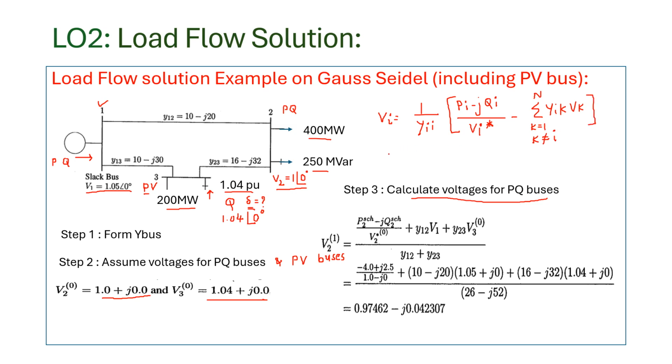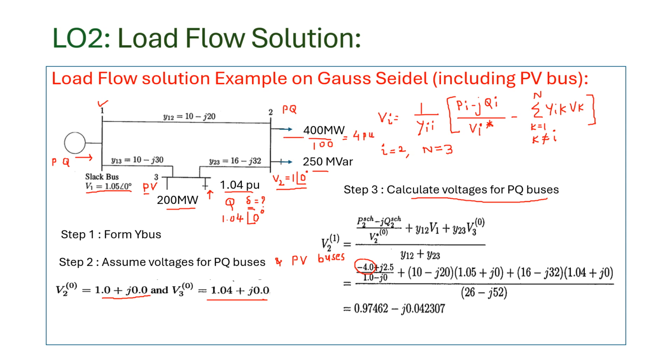To get the voltage at the second bus, we have to substitute i equal to 2, and since our system is a 3 bus system, we select N as 3. After substituting all the values, the P2 value is written here as minus 4. As already told, we have to convert it into per unit. The base value is selected as 100 MVA, so it will be 4 per unit.